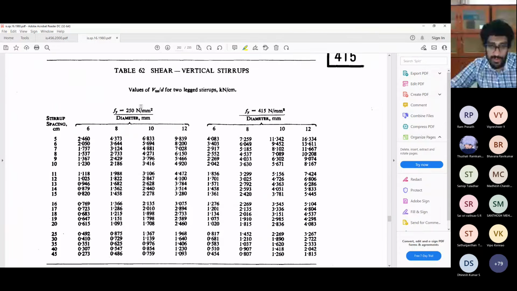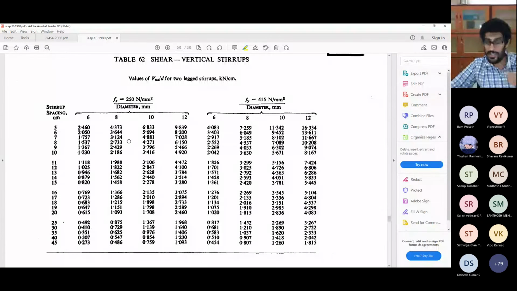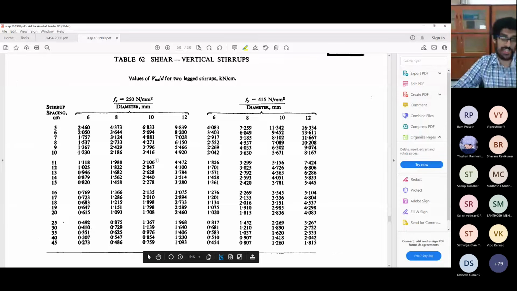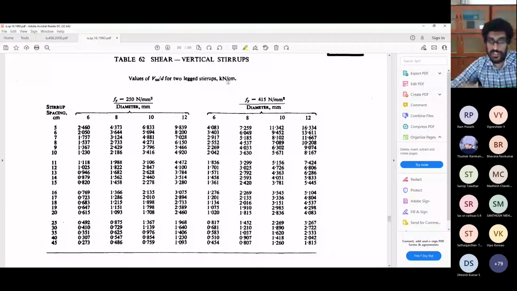If I use mild steel bars, 250. If I use 415 bars, I can take either 8 mm bars or 10 mm bars or 12 mm bars. So let me say that I want to take a 10 mm stirrup of Fe415 HYSD bar. I want it for 5. So this is 10 mm bars, 415 Newton per mm square.